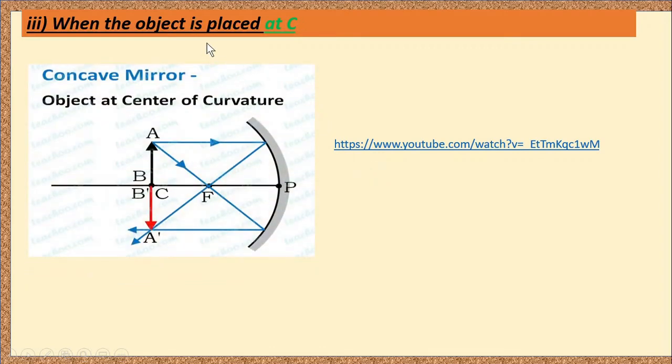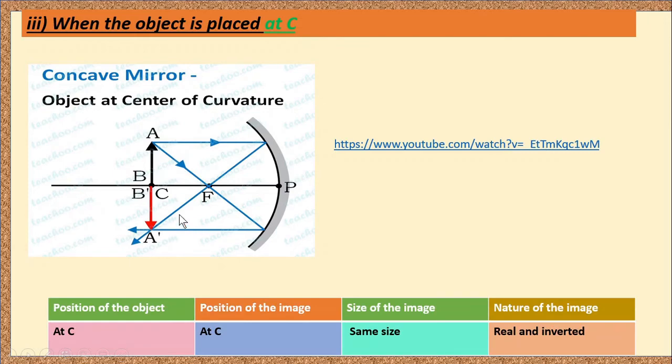Third one, when the object is placed at C, that is at center of curvature, the image forms at that point itself. Position of the image is also at center of curvature. Here also the incident rays fall on the mirror.